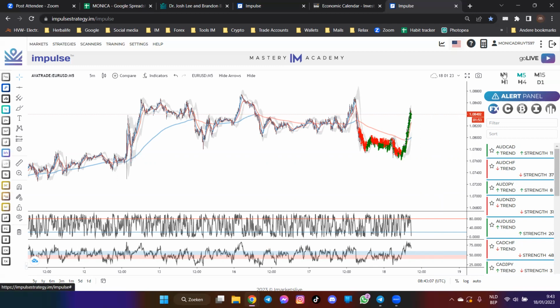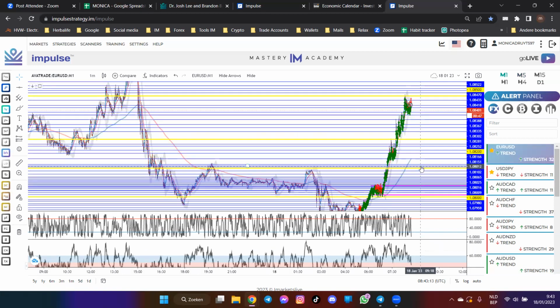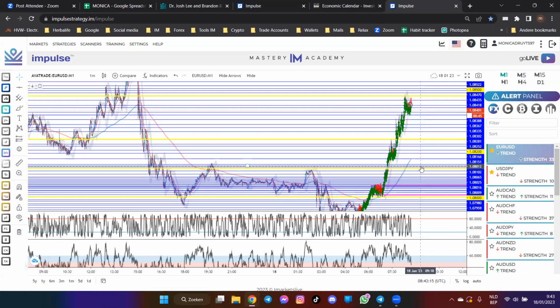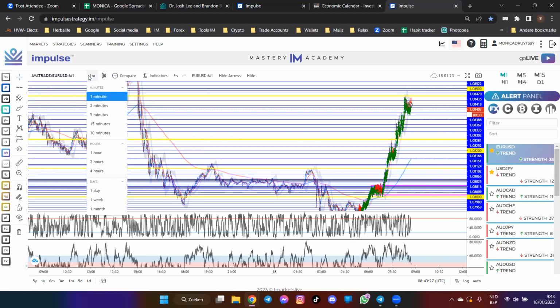So you stay on the 1 minute chart. Go back to the 1 minute chart. Top left, where you see AvaTrade, EURUSD M1. Push 5 minutes, then you still see your lines.